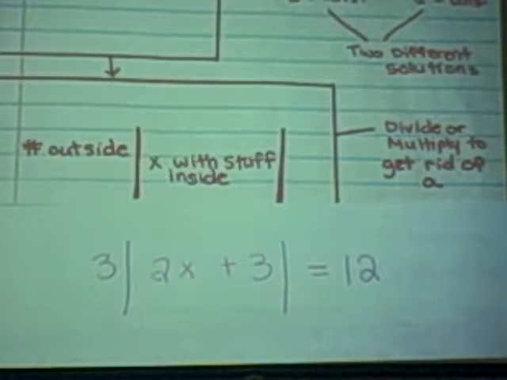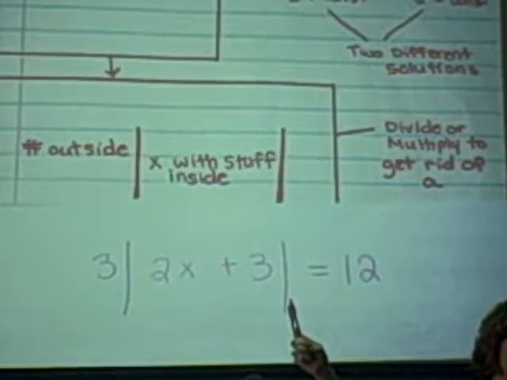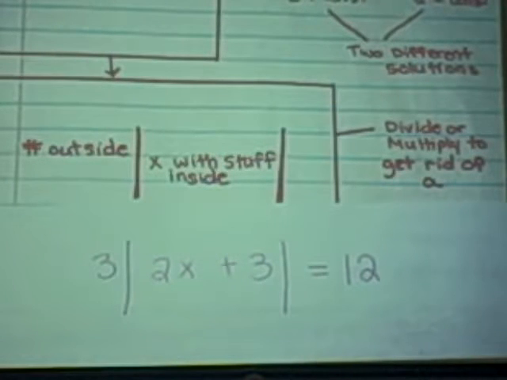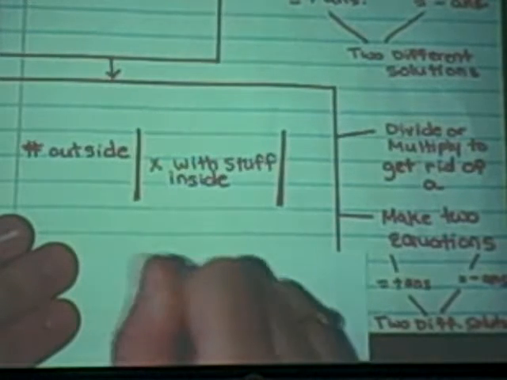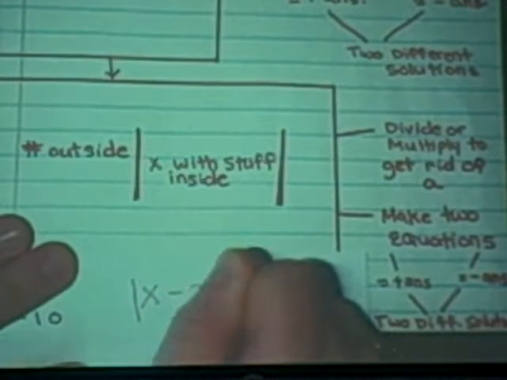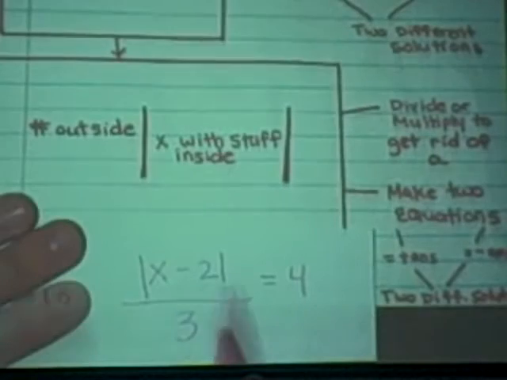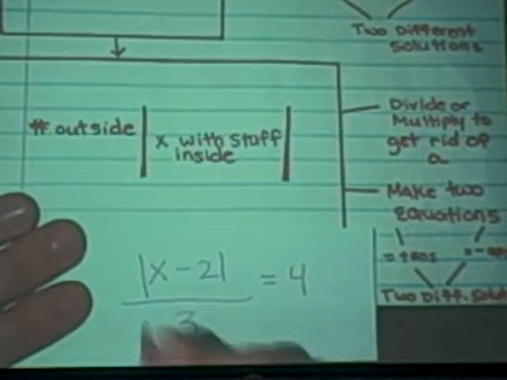That is an example of a number outside with all the rest inside the absolute value marks. Okay? Another example would be if I had the absolute value of x minus 2, all divided by 3, equals 4. There's the rest inside the absolute value marks, but there's still something outside the absolute value marks. Okay?